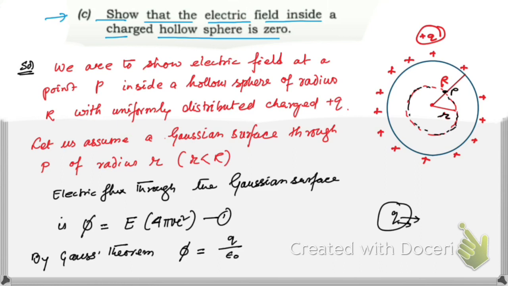This was the statement of Gauss law. So here you see, this will be equal to 0, right? Why?